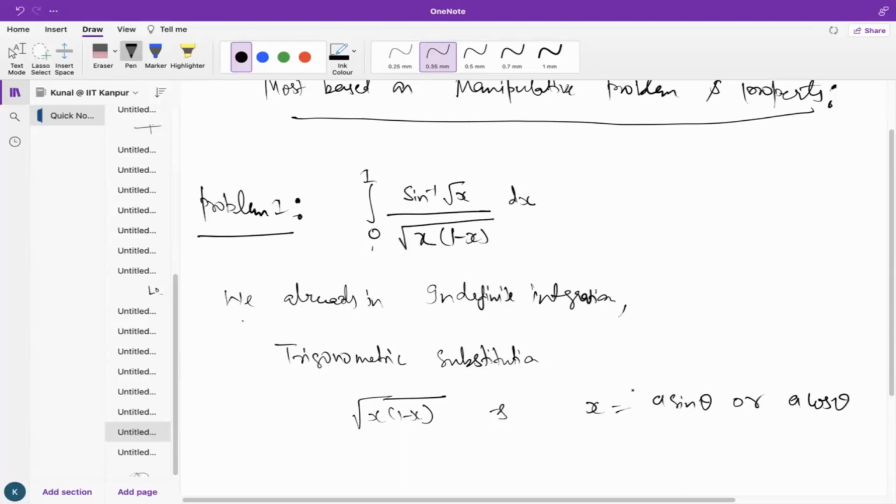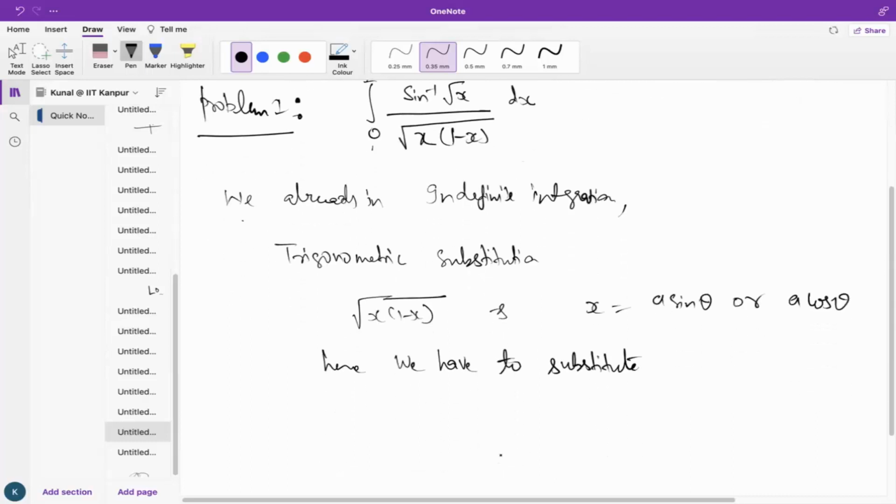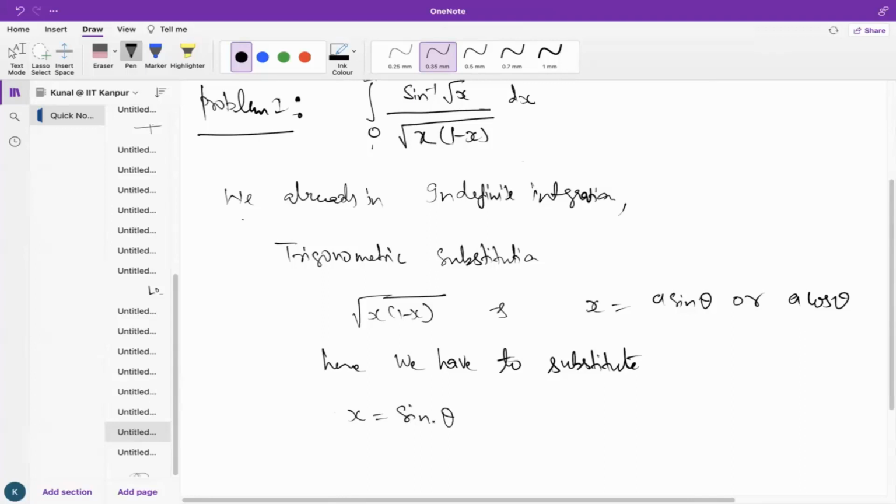But here a is equal to 1, so we substitute x is equal to sine square theta, or we can substitute x is equal to cos square theta, whatever we want.